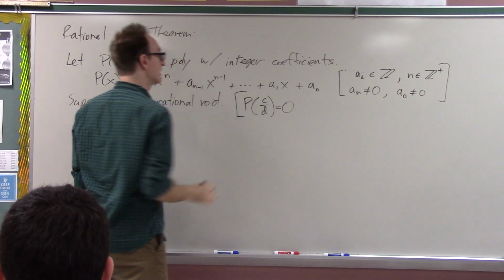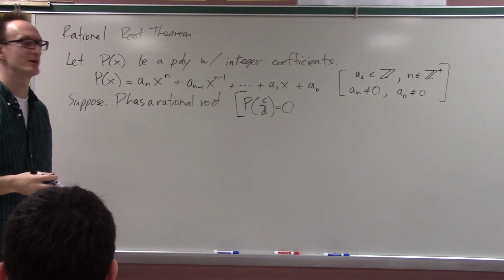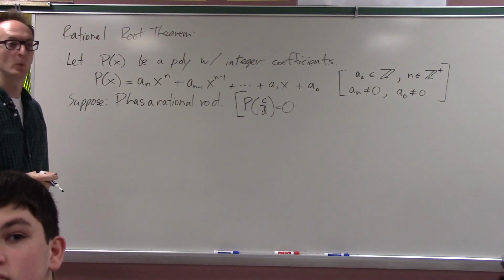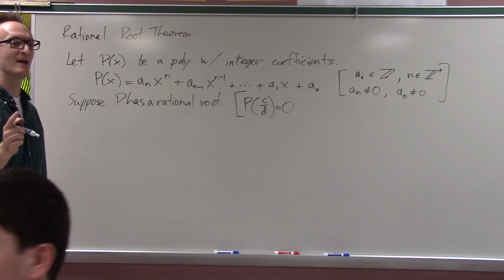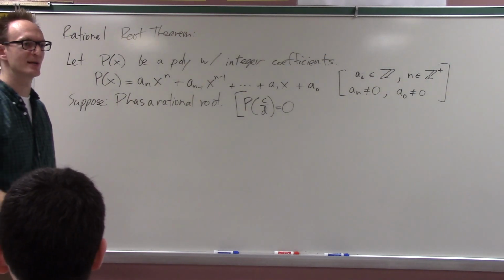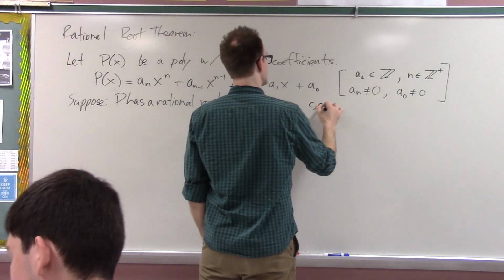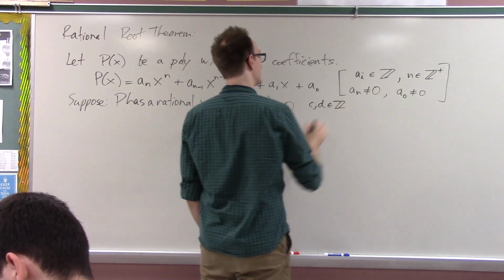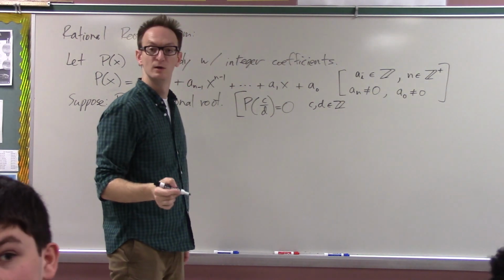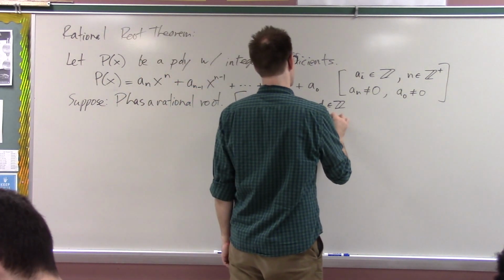What am I supposing about this c over d? C and D are integers. Same stuff as before, but a little tiny extra twist. C and D are integers. That's simply what I mean by rational. D can't be 0, thank you, Mindy.